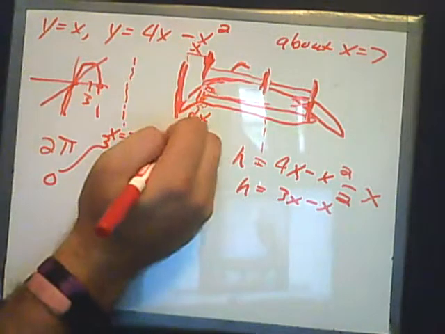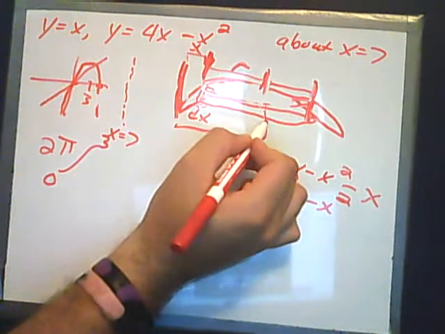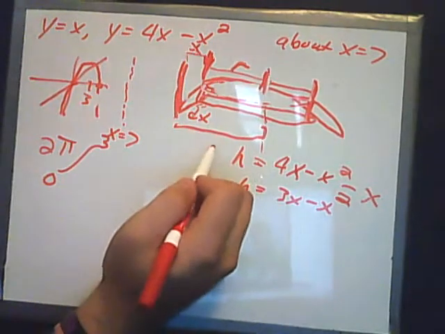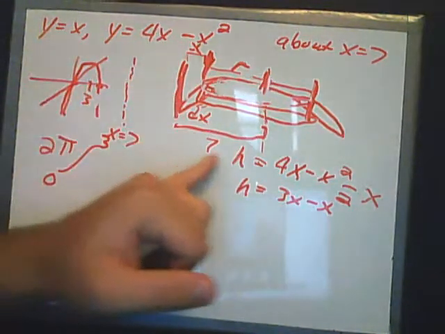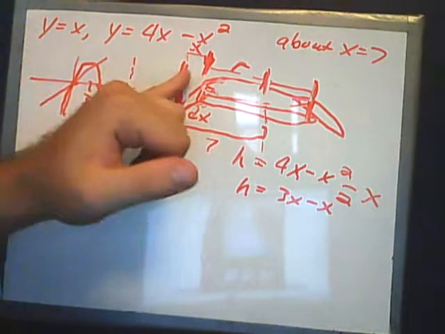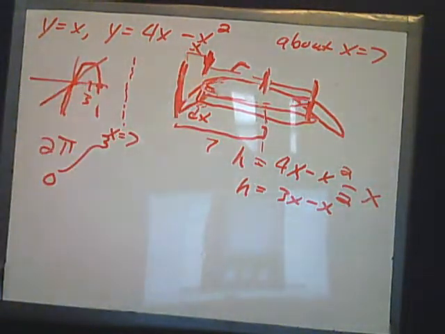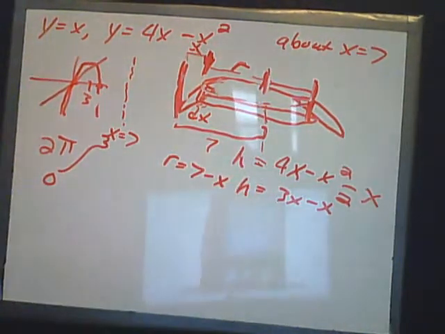We also know that the entire distance from the axis to the line x equals 7 is fixed at a distance of 7. So just like we did in the last problem, in order to get the radius, we take this large section that's length 7, subtract this little section that's length x, and we get a radius of 7 minus x.